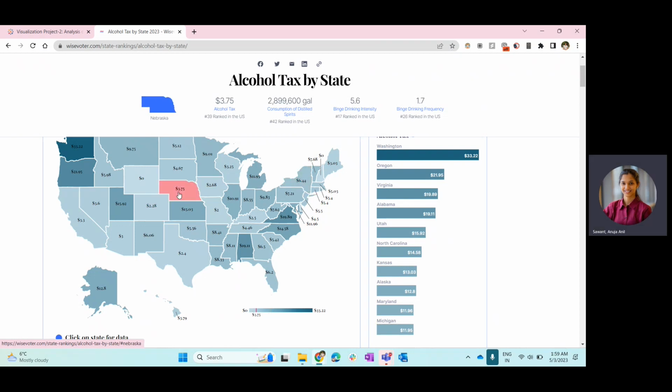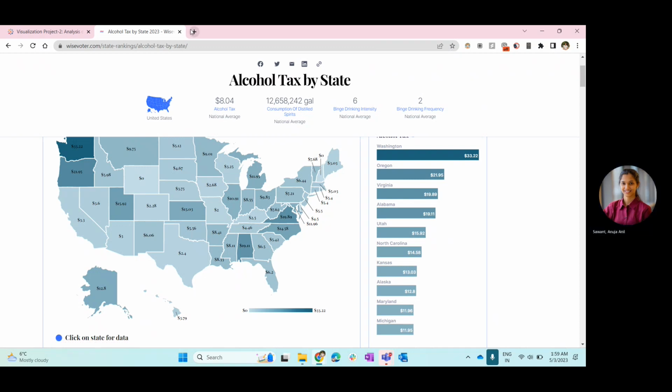Also, we saw Minnesota, where the tax is also low, and Florida as well. So maybe this could be an interpretation: states with lower taxes have high alcohol consumption.